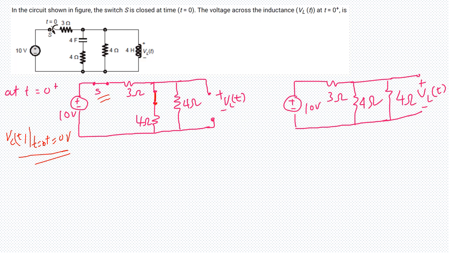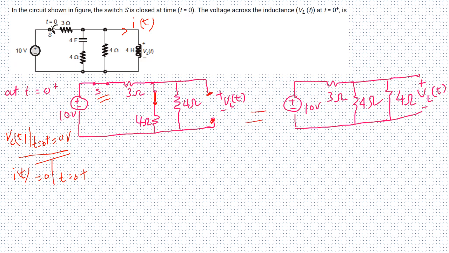And again the inductor current I of t is equal to 0 at t equal to 0 plus, so this current is also going to be 0, so this can be represented by an open circuit.